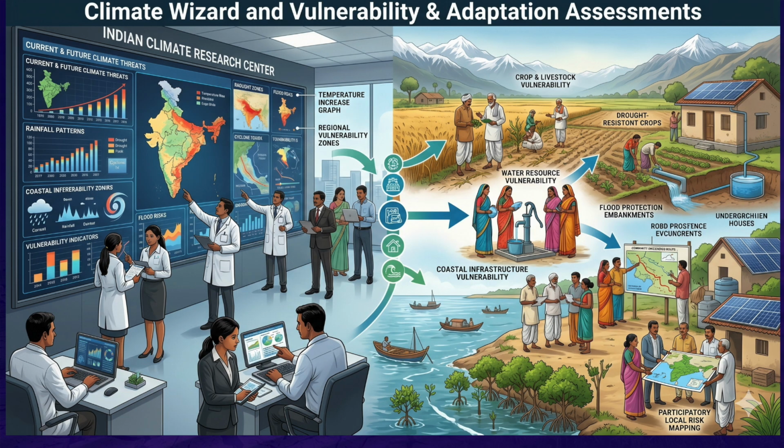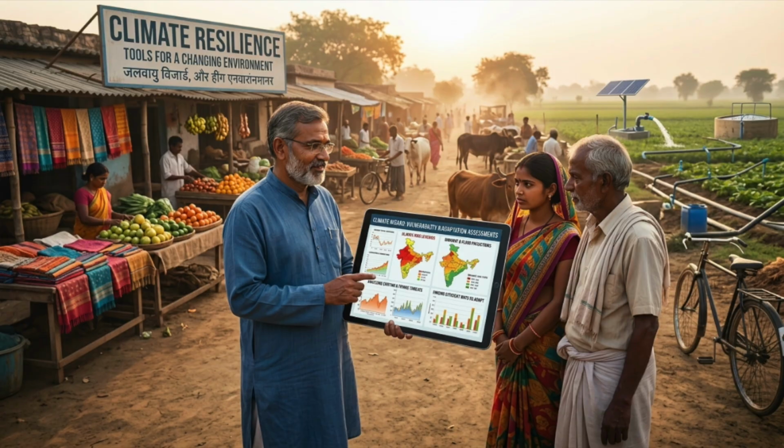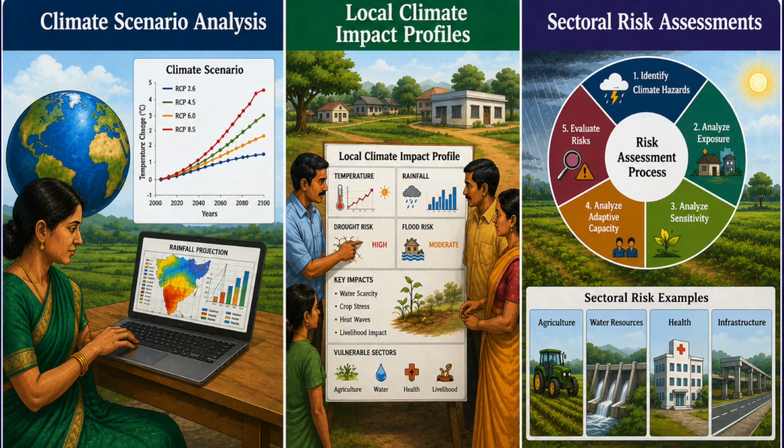Students, now I am going to explain to you the Climate Wizard and vulnerability and adaptation assessment, which has already shown how important it is to have tools and frameworks that help one analyze existing and future climate threats and find efficient ways to adapt.